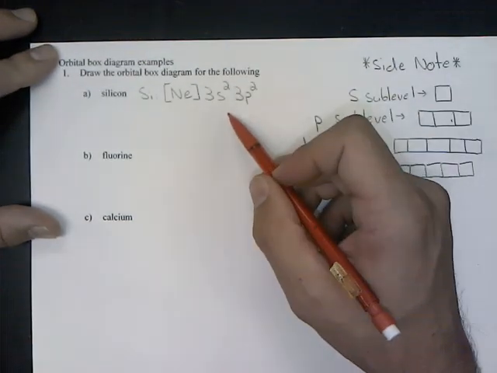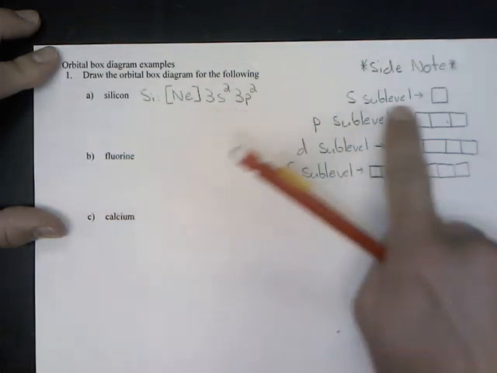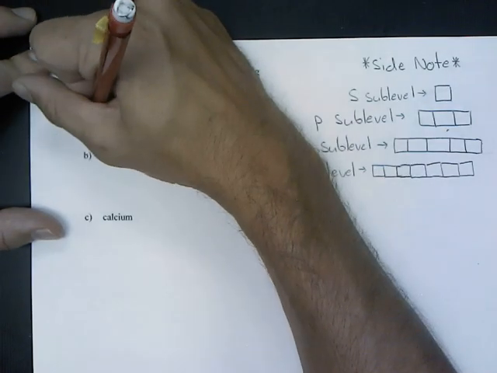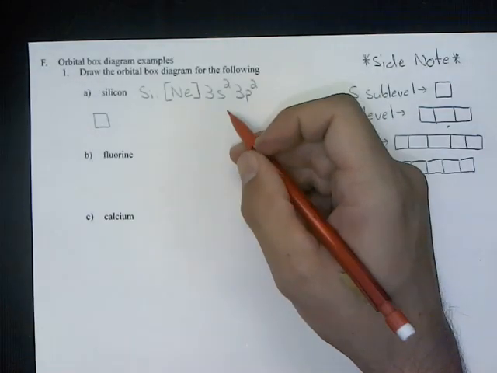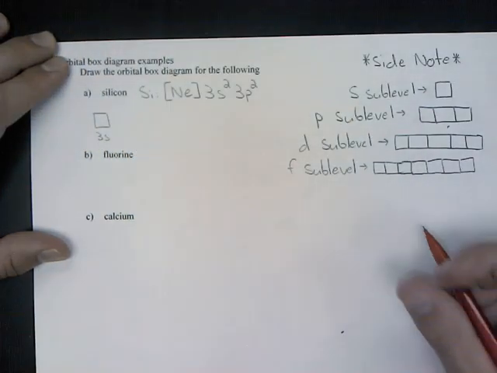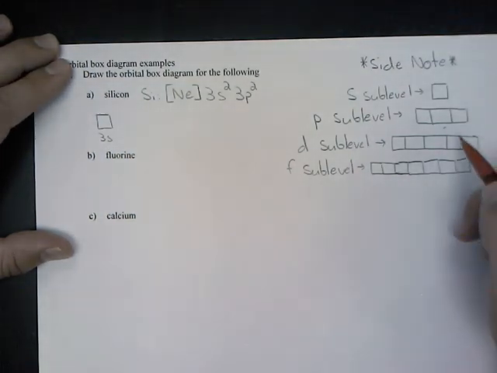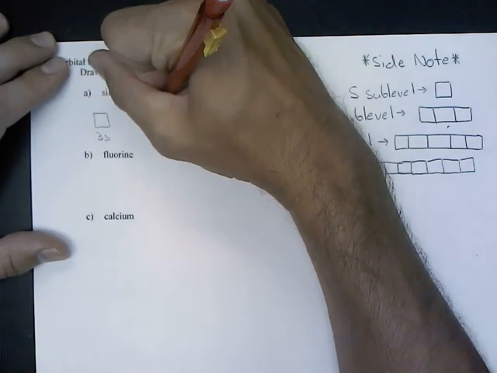The next step says to draw the boxes that correlate to each level. We start out with the S. The S has 1 box, so we draw 1 box. We also want to represent that we have the 3s level, so we put the 3s. Then we move to the P. The P has 3 boxes, so we're going to draw 3 boxes.